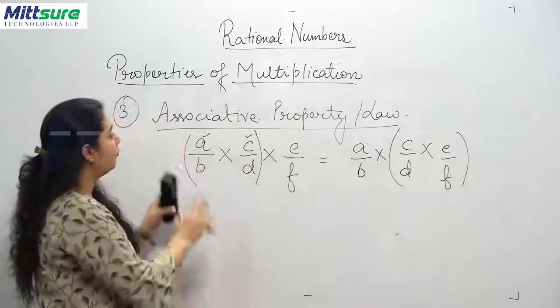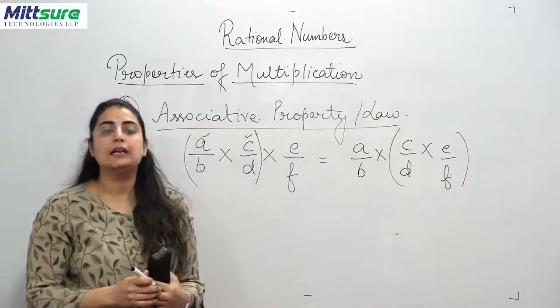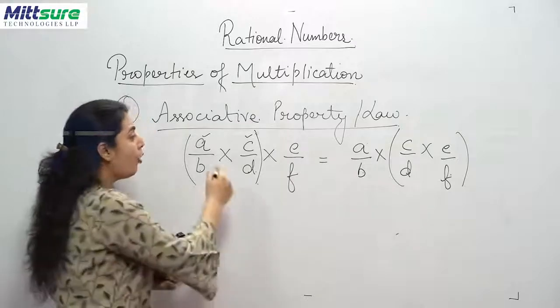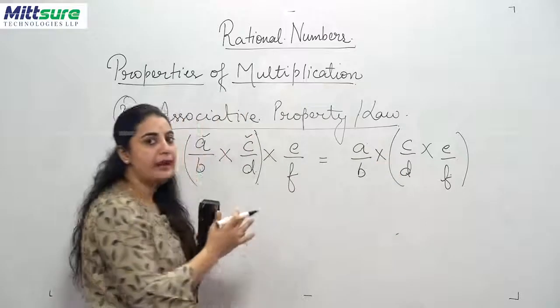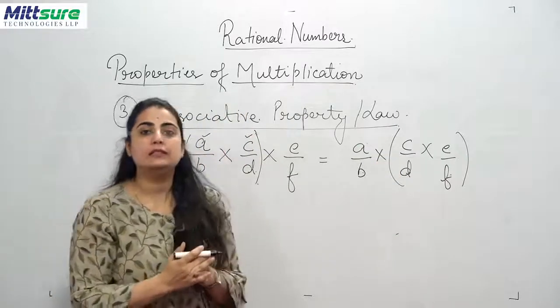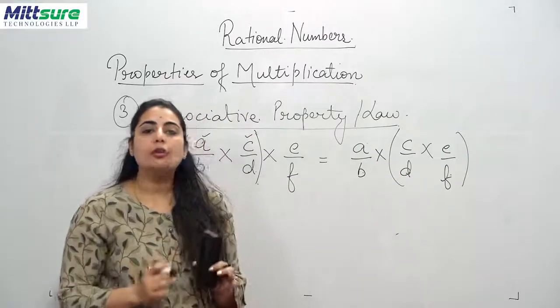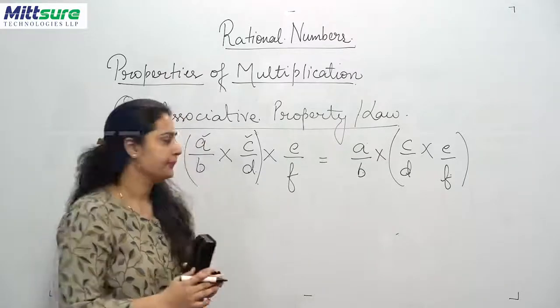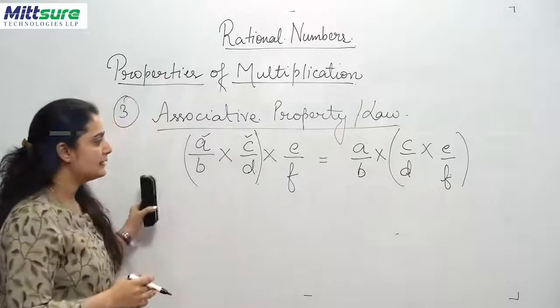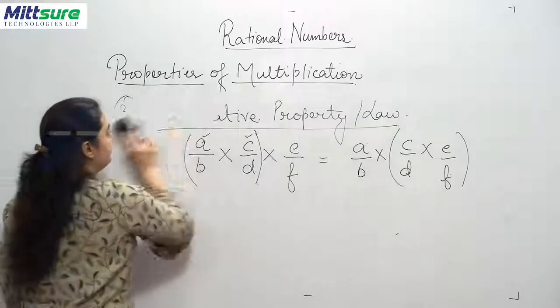Okay. Now, what does the associative property say? It says in whichever order or in whichever association you arrange them and find the product of these three rational numbers, there will be no difference in the product of these rational numbers. Now, let us understand the same with an example.